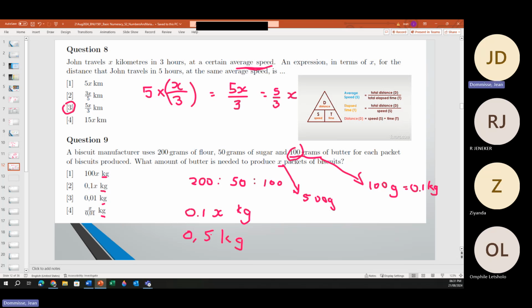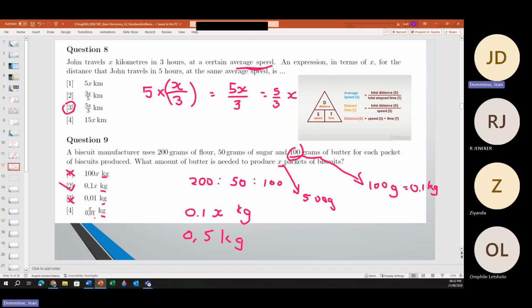So what they're basically testing in this question is if you can change grams into kilograms. So it's definitely not 100x kilograms, because making that calculation, it would have been 500 kilograms. Definitely not. 0.1x, yes, that is the correct one. 0.01, if it was 10 grams, it would have been 0.01.